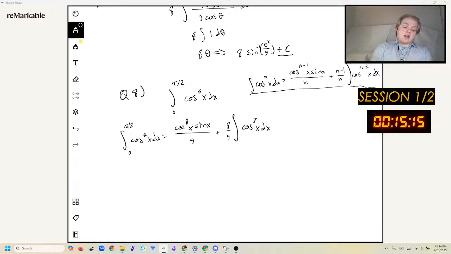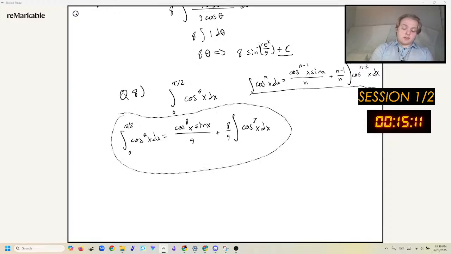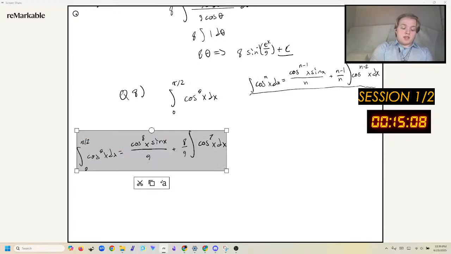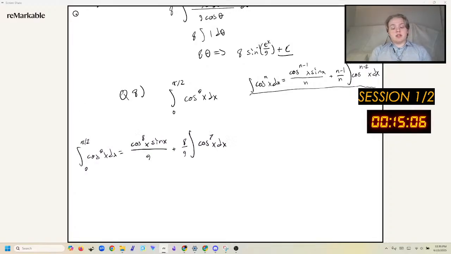And now we're going to move this to the left side of our screen and repeat that formula recursively until we get down to a super simple integrand that we can evaluate without any tricks.